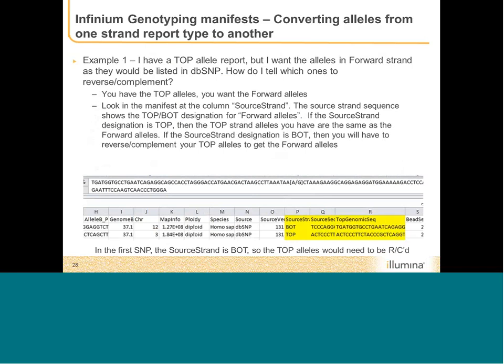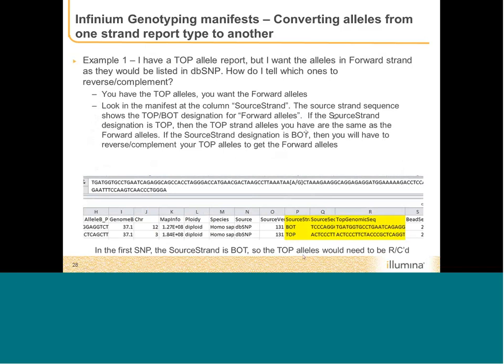Example 1, I have a top strand report, top allele report. So these are all top alleles, but I want them in forward strand as they would have appeared in dbSNP. What do I do? Well, you keep in mind what you have and what you want. You have the top alleles and you want the forward alleles. Here we need to look at the source strand. The source strand tells us the top bot designation for the forward alleles, which is what you want.